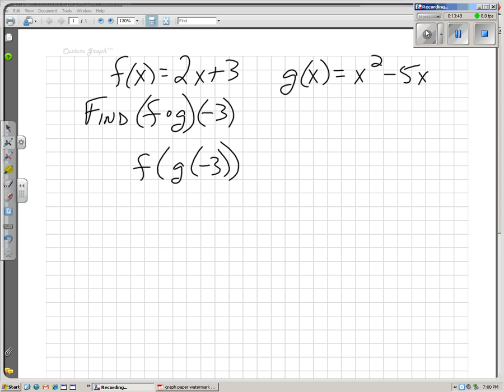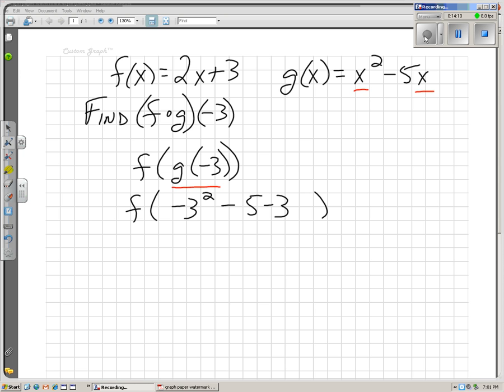All right, so the first thing I'm going to do, this is the way I do it. I'm just going to extend those braces there. The first thing I'm going to do is find my g of negative 3. That means I'm going to run negative 3 through the g function. So I'm going to take out my x's and put in negative 3. Now if you don't use parentheses, this is what it looks like, and you're going to get the wrong answer.